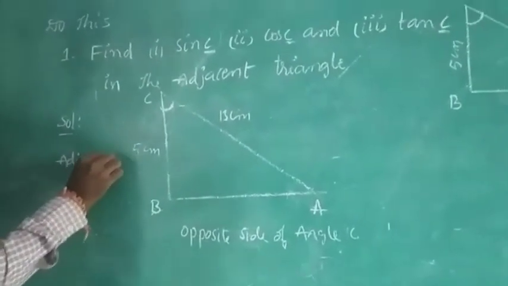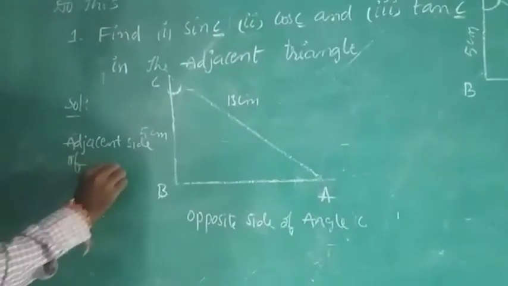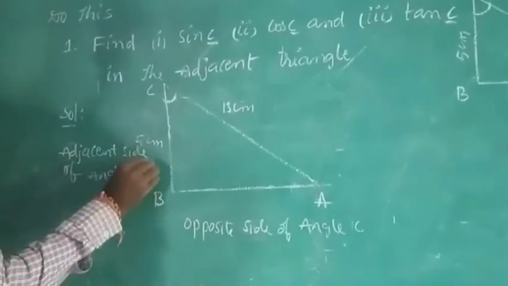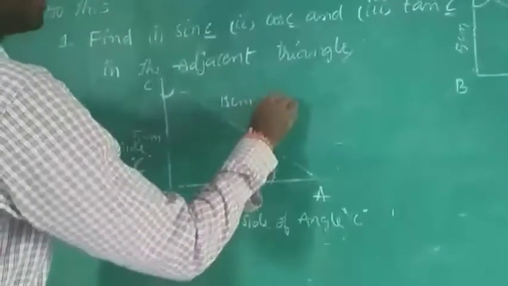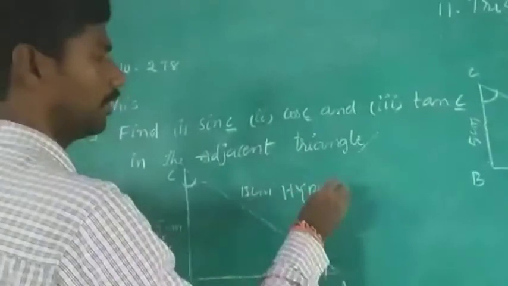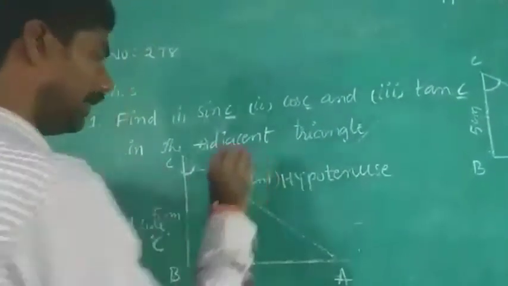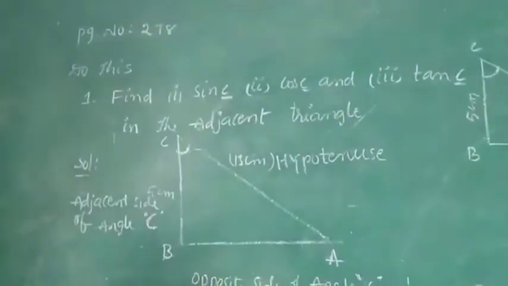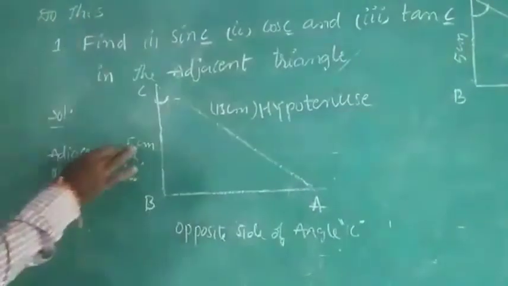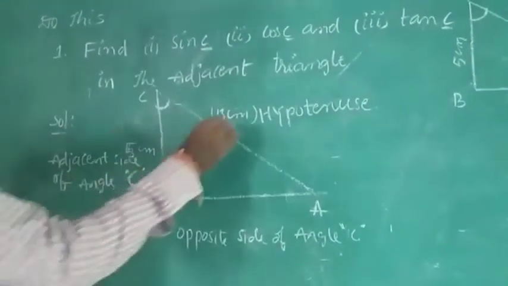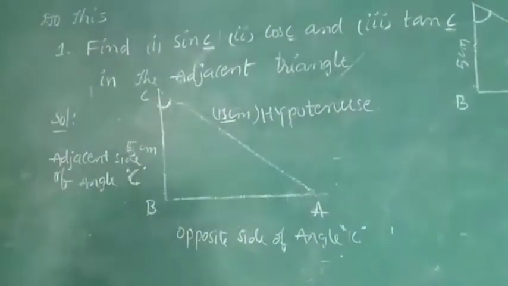Adjacent side of angle C. Then this is hypotenuse. I wrote clearly everything, then you can find out easily. But observe, 5 is given, 13 is given, but we don't know the opposite. We need to find out the opposite.